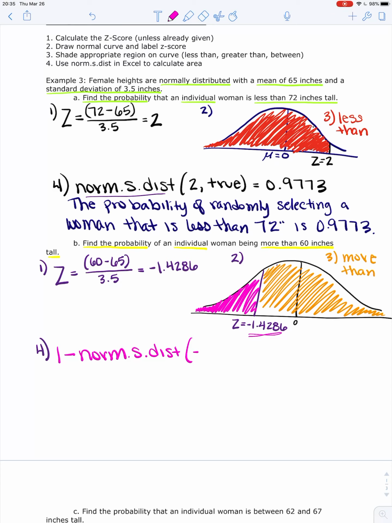Our z-score is negative 1.4286, and we're always going to put true because we don't want the probability of just this one value. We want the cumulative probability. I can do this all in one step in Excel, or you can do it in 2 separate steps, and I'll show you both.